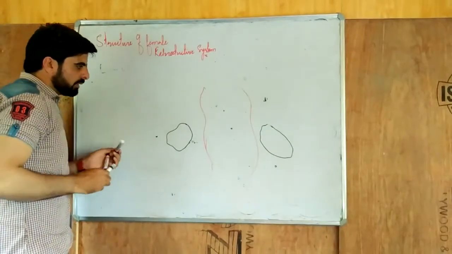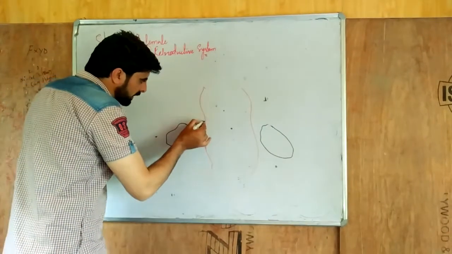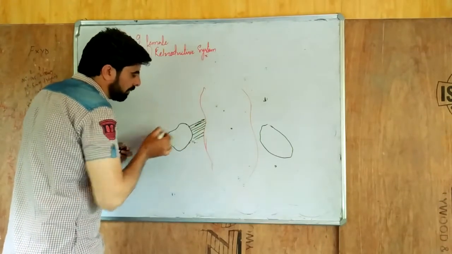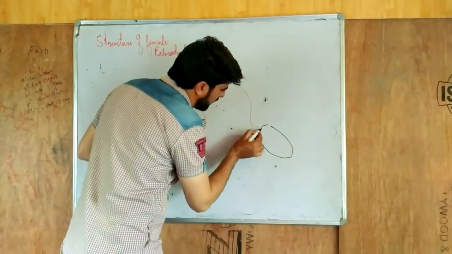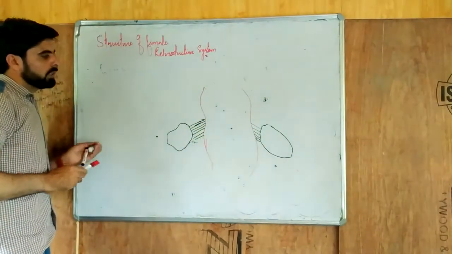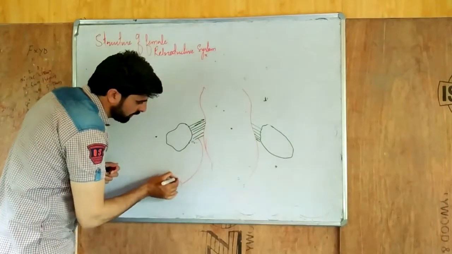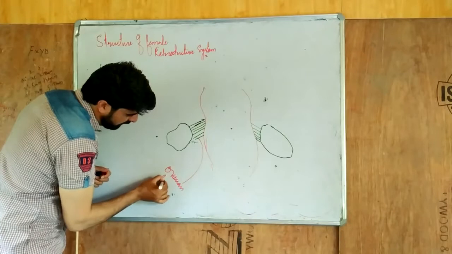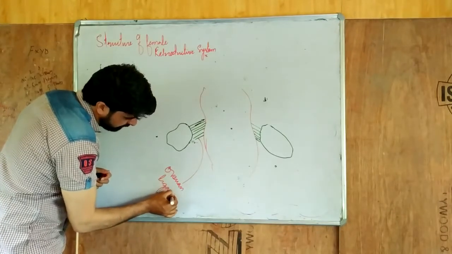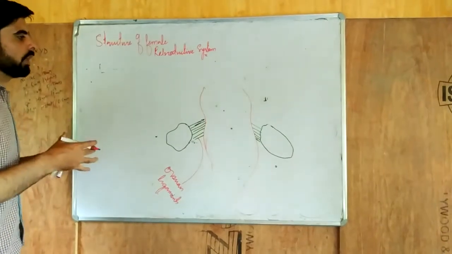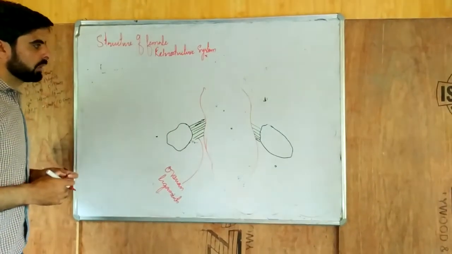These ovaries are also connected to the uterine wall with the help of the ovarian ligament. You can draw the connection between the ovaries and the uterine wall. This connection is known as the ovarian ligaments. These ligaments maintain the position of the ovary in the abdominal cavity.